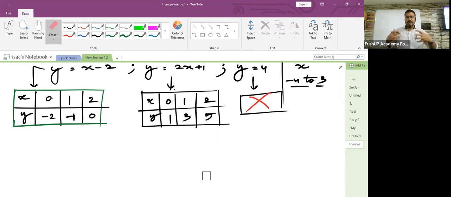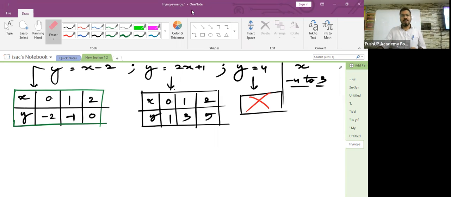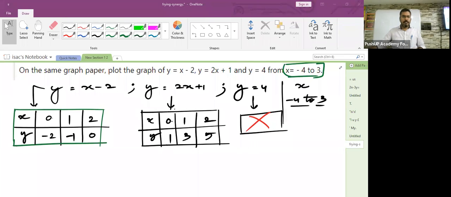So now I want you all to draw the graph of the first equation, second equation, and then y is equal to 4. Do it fast, everyone. Done. Very good, very good.